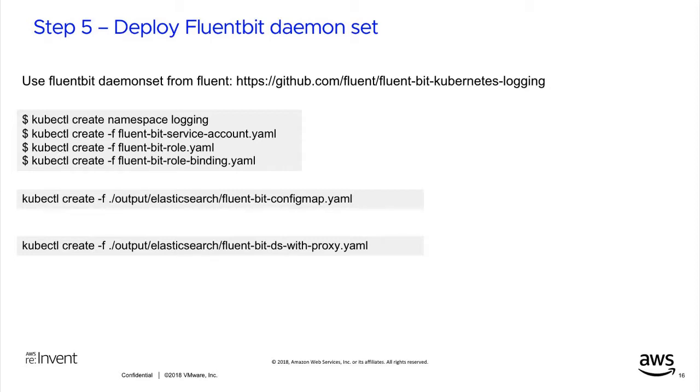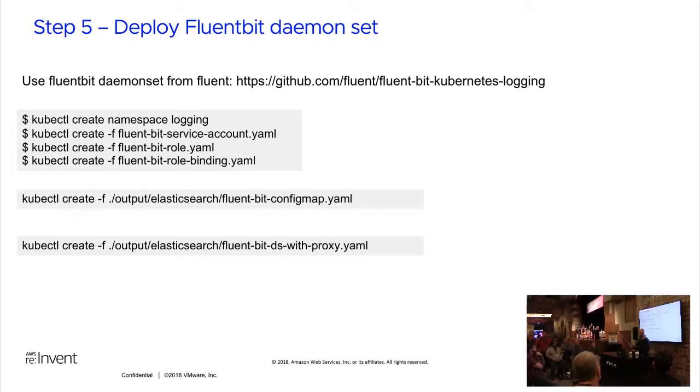You don't even have to modify it. And one of the reasons you don't have to modify the config map is specifically because you're already creating an ES proxy that's out there. And if you look at that, it actually points to just Elasticsearch at port 9200. And so minimal modifications required there.